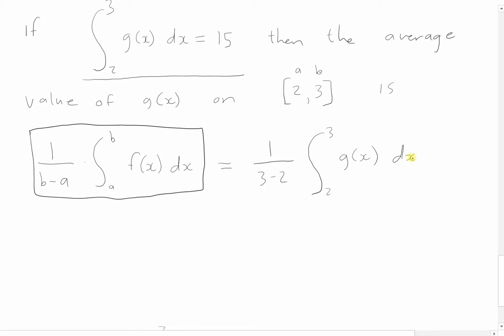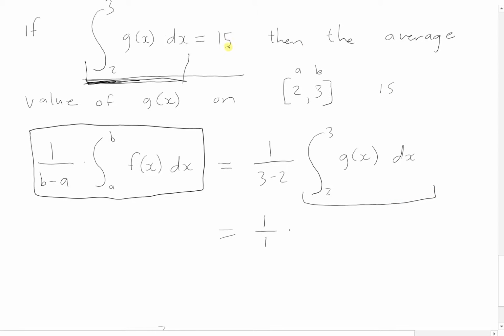Now this is what I wanted to show you: this whole integral over here is equal to 15. So in place of the integral of g of x, we're going to put 15. Simplified, this will be 1 over 1 multiplied by 15.